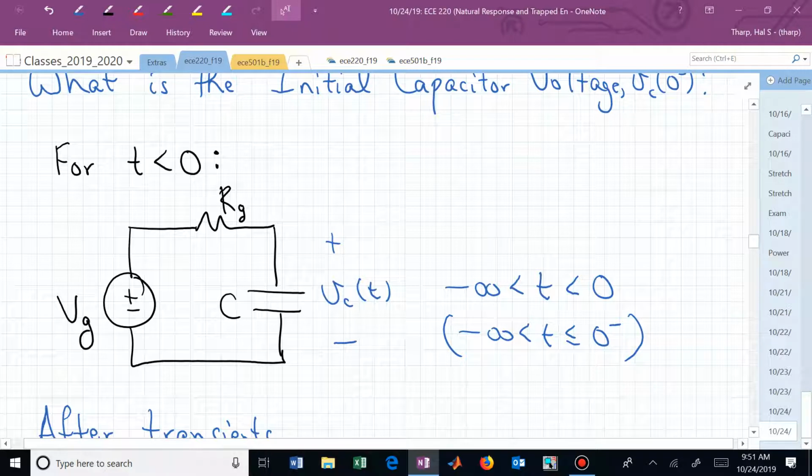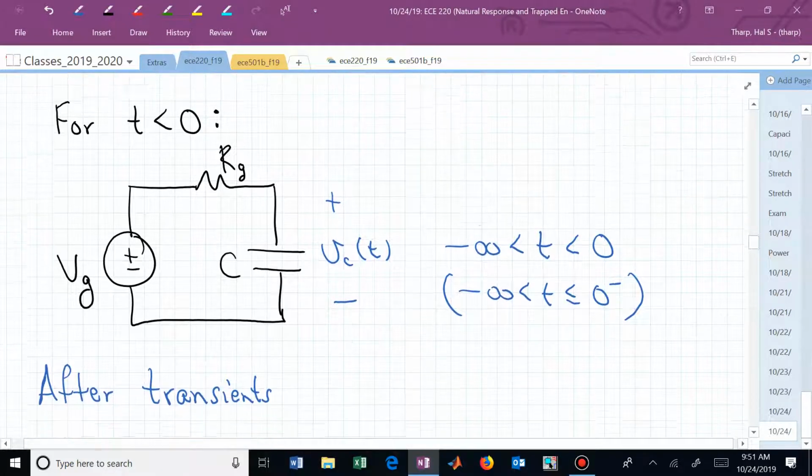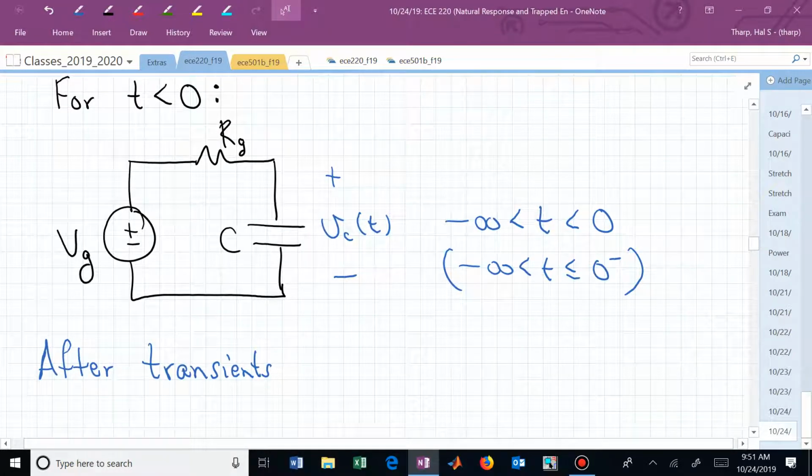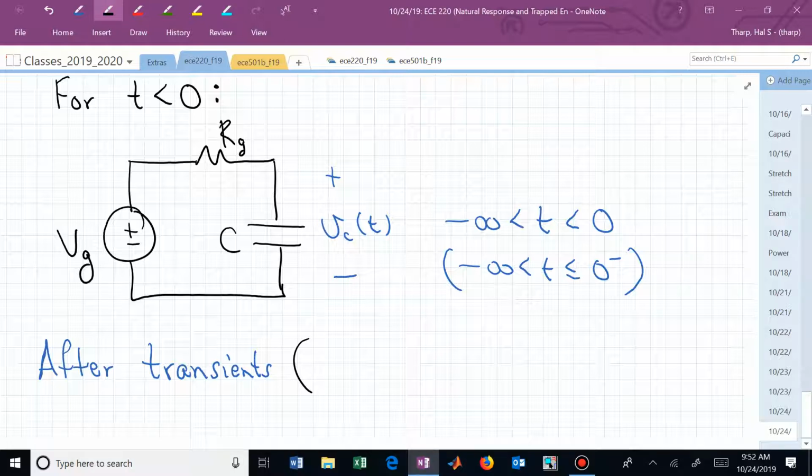This is what V sub C of t looks like, and for the majority of that time interval, what happens? That capacitor's transient disappears. After the transients in this circuit, what's that capacitor behaving like?